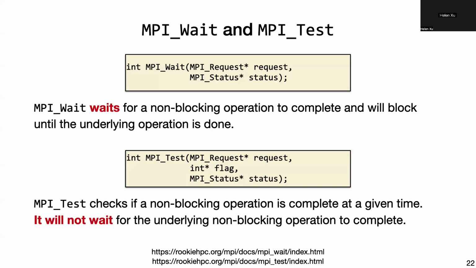And the way you ask if it's finished, there are two ways. One is called MPI wait, and it takes in a request and a status. MPI wait is not really synchronization in the sense that it's just for you, but it will not pass this point until the request tells you that it's finished.